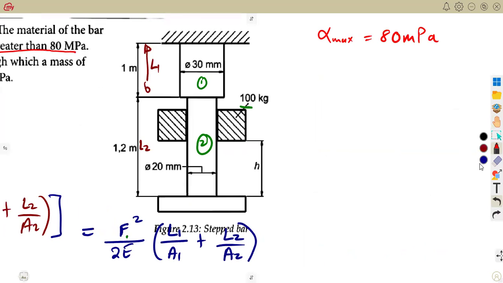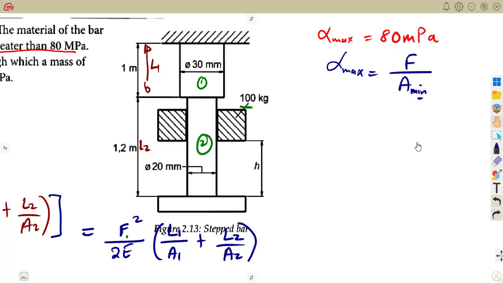From the minimum area, as I was explaining. For this to be maximum, remember, it's force over area, so the area has to be minimum. So you need the part with the minimum diameter, which is this part of the 20. So you're going to use the part with the minimum diameter there.